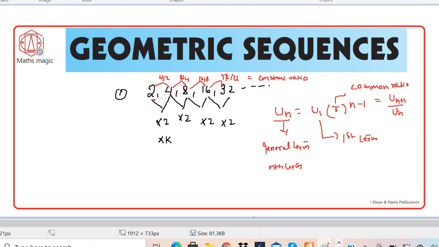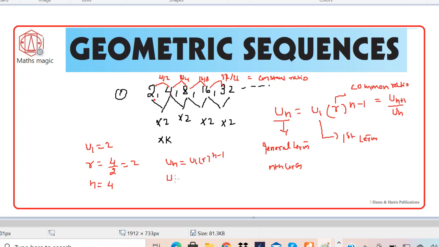Let's say we have this sequence and you want to find the fourth term. Let's write the important information. You have u_1 as 2, and r, as I told you, is the ratio of two consecutive terms, so it's 4 upon 2, which is 2 again. We are looking for the fourth term, so n is 4. Let's use the formula: u_n is equal to u_1 times r to the power n minus 1.